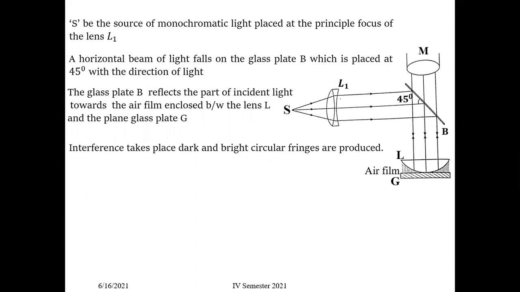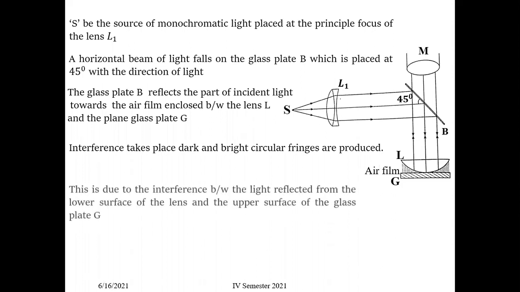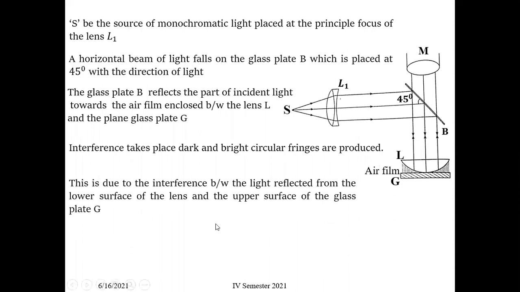So you get the interference pattern because interference takes place between the light reflected from the lower surface of the plano convex lens and the light reflected from the upper surface of the plain glass plate.